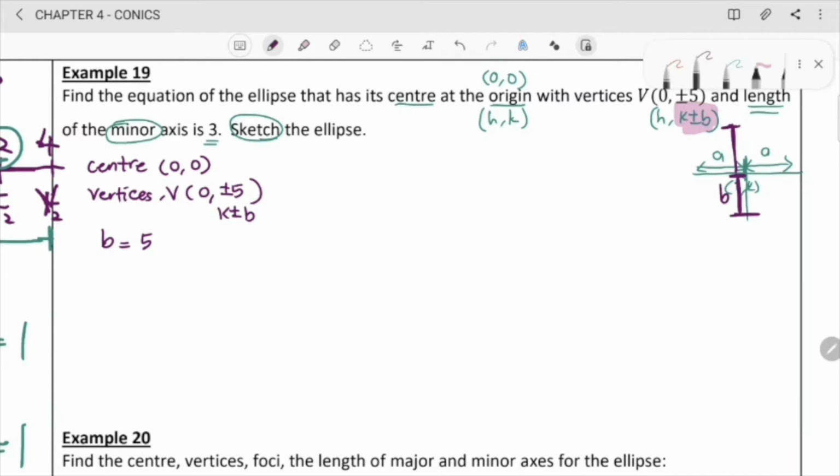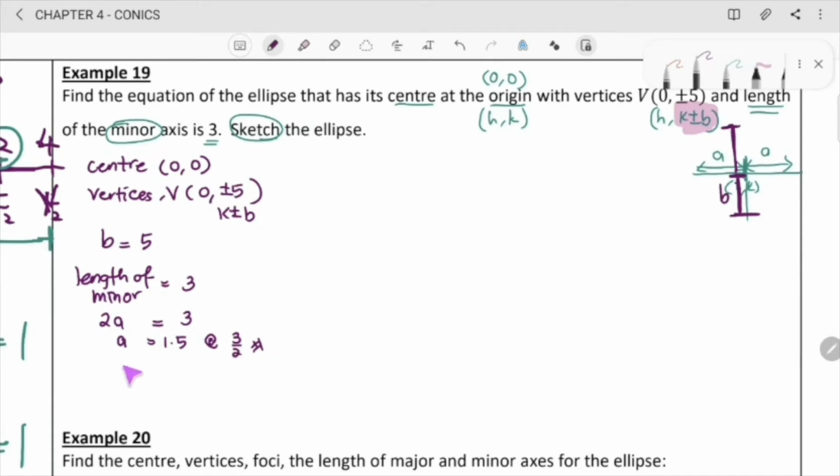The next information is the length of the minor axis, which is 3. So b is 5, and the length of the minor axis will be 2a, which is equal to 3, so a will be 1.5. It doesn't matter whether you write 1.5 or 3/2; both can be accepted.